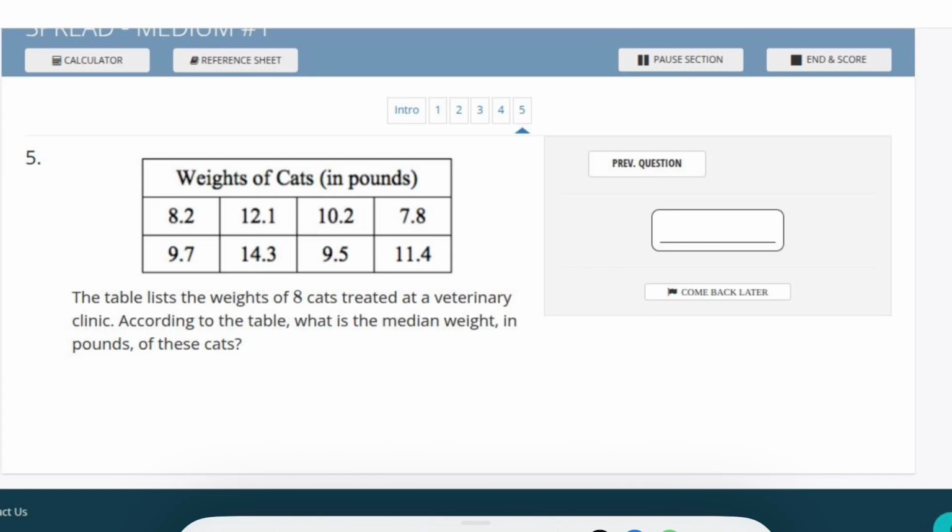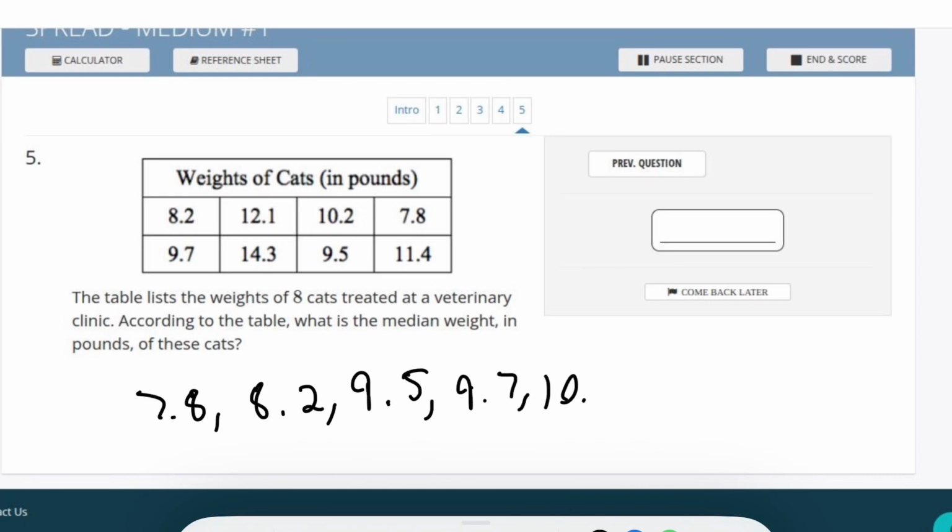So increasing order would be 7.8, then 8.2, then 9.5, then 9.7, followed by 10.2, 11.4, 12.1, and 14.3.